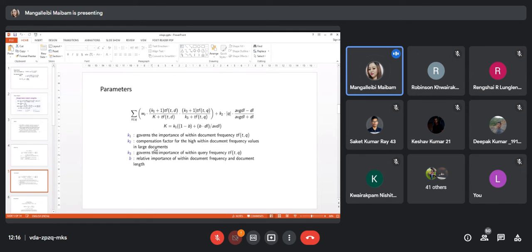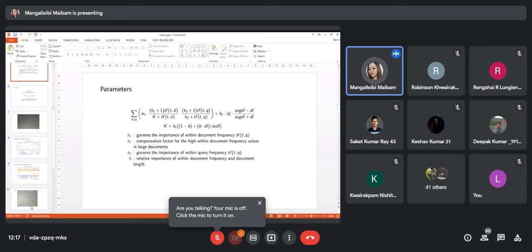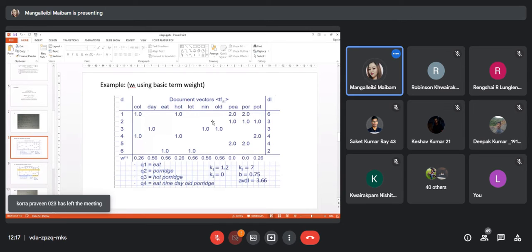So all these are scaling parameters, and for capital K we have another calculation. K equals K1 times (1 minus B plus B into DL divided by average DL). DL is document length. So for the document length calculation, here in this table, we are not writing the binary matrix table.